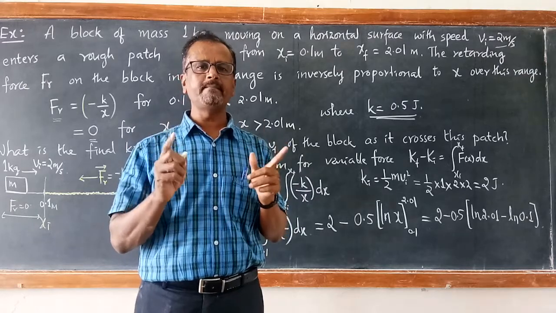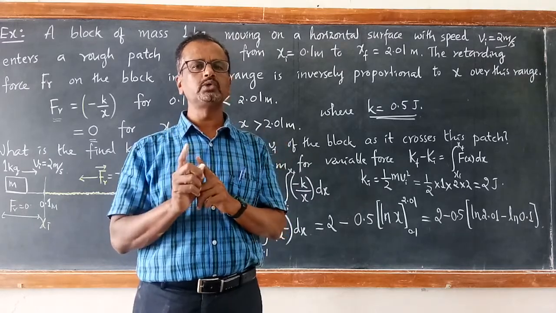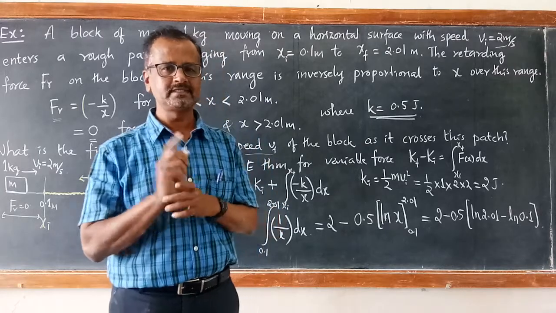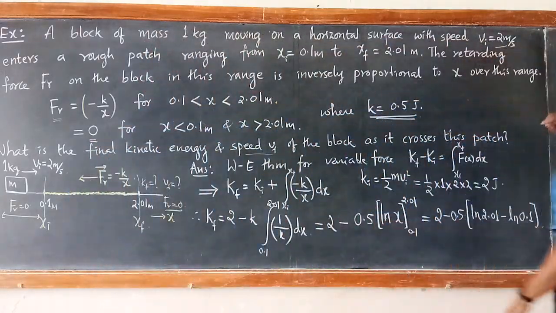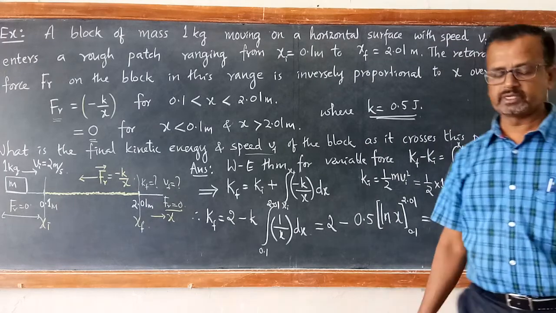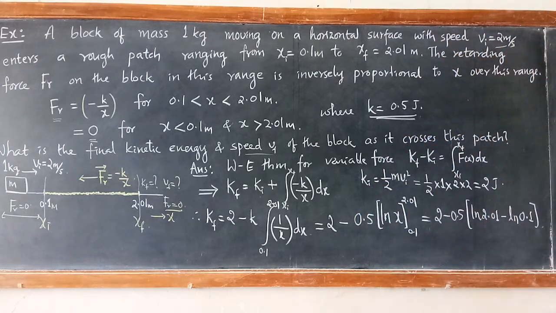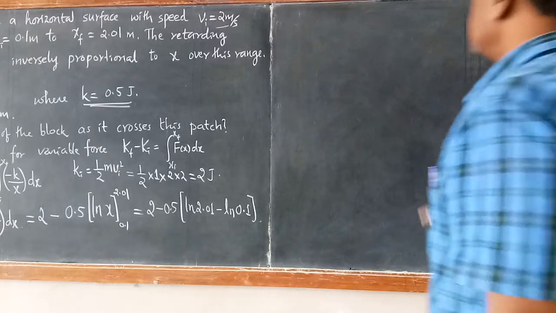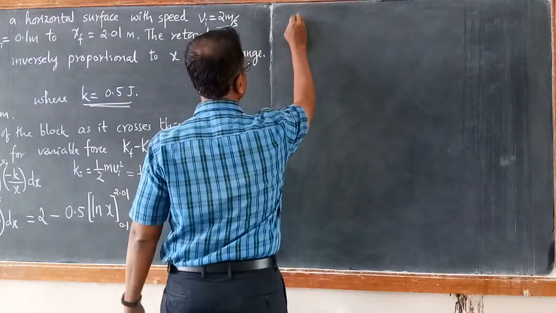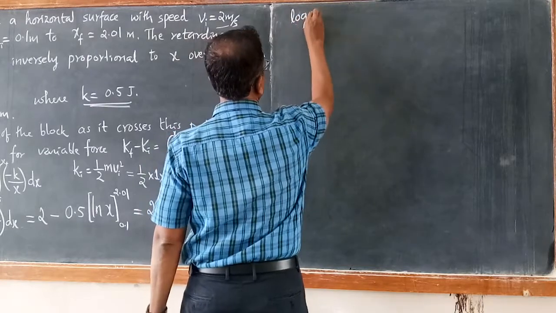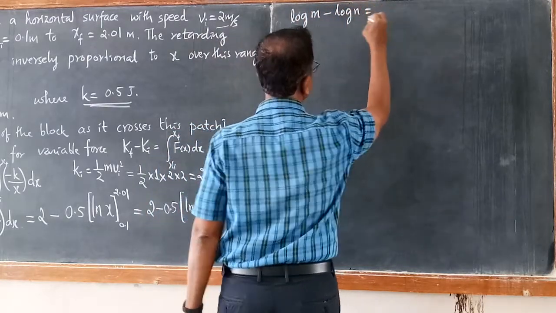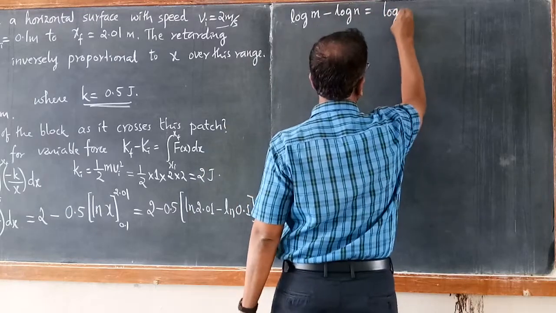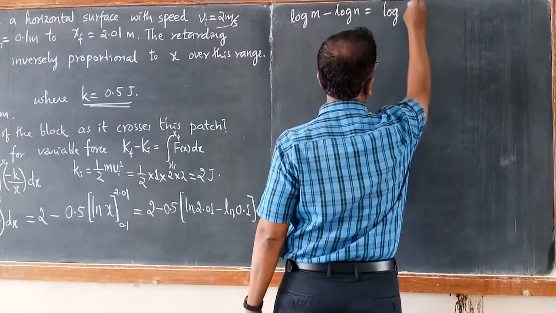Log m minus log n is equal to log m by n. This is one identity by the laws of logarithm. Now we will write the result. By the laws of logarithm, log m minus log n is equal to log m by n.